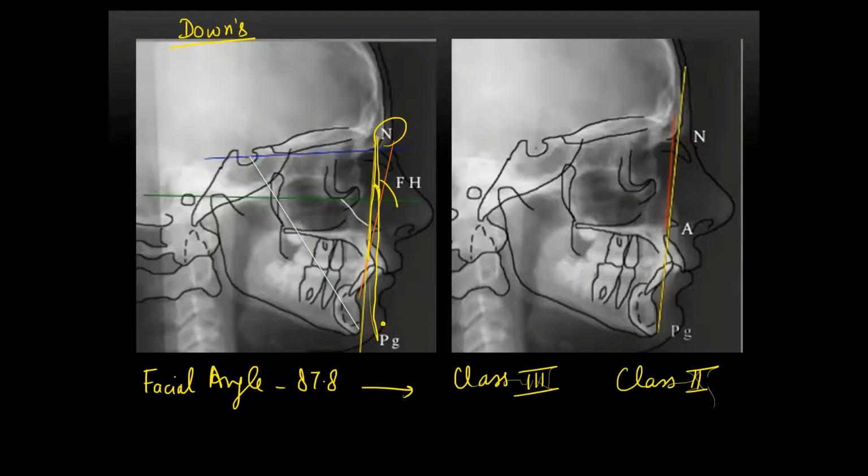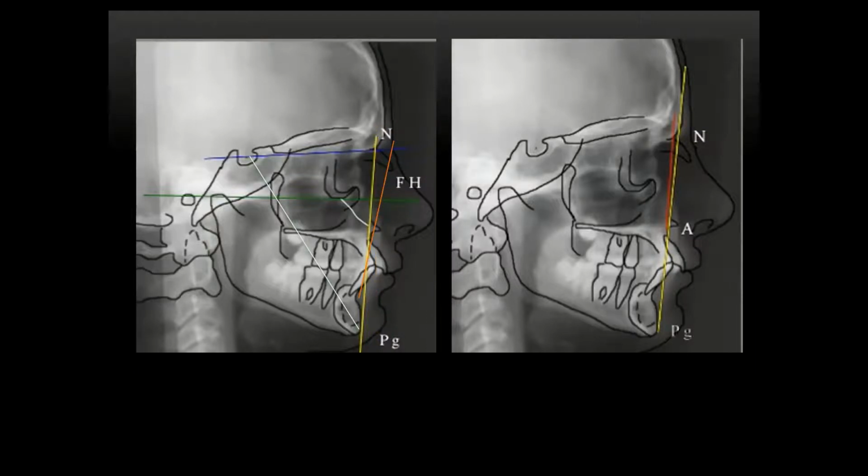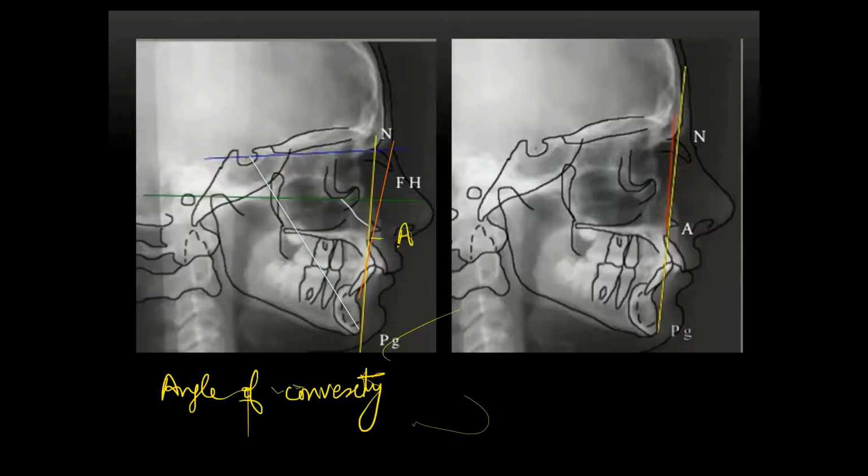Okay. The next point is angle of convexity. The angle of convexity is nasion to point A and point A to Pogonium. Ideally, all these 3 points should lie in a straight line and the angle should be 0 degrees.